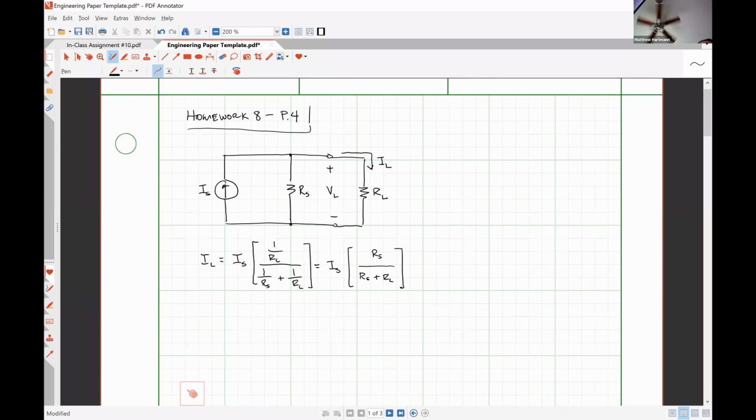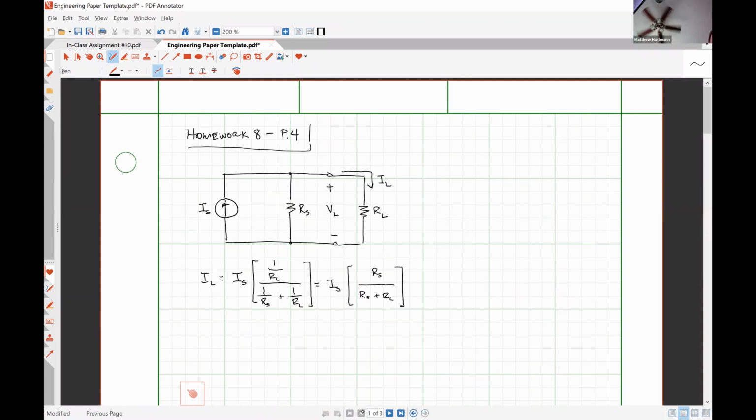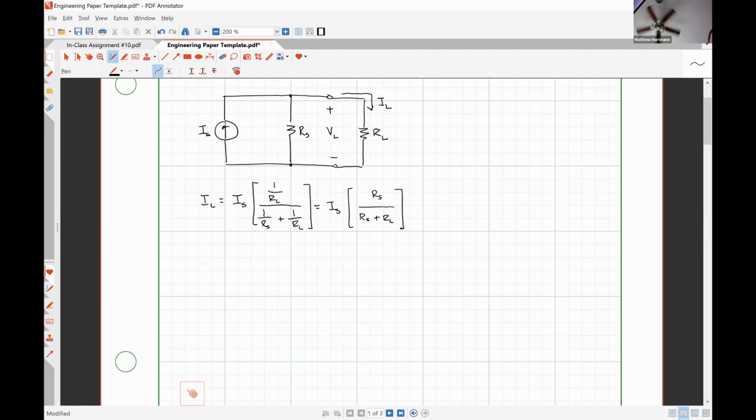So from this, the power absorbed by my load resistor is going to be IL squared times RL, because power in a resistor is I squared times R. So that's going to give me IS squared RS squared RL divided by RS plus RL quantity squared, if I've done my algebra here correctly.